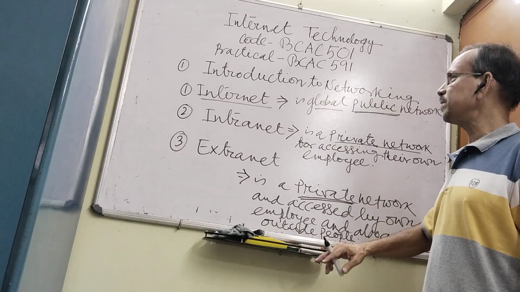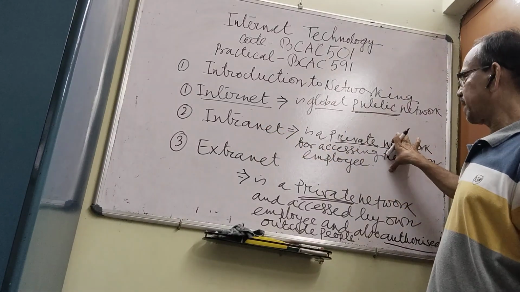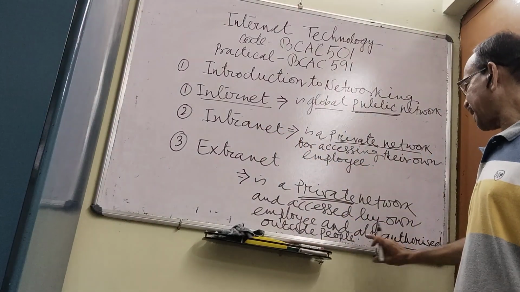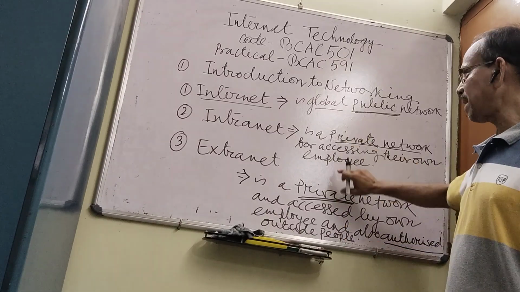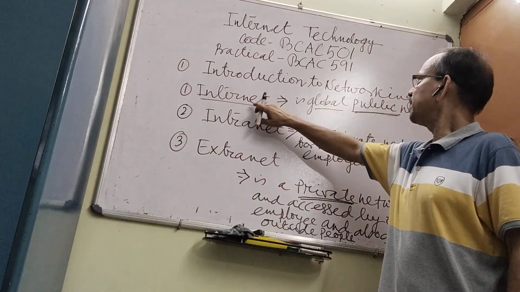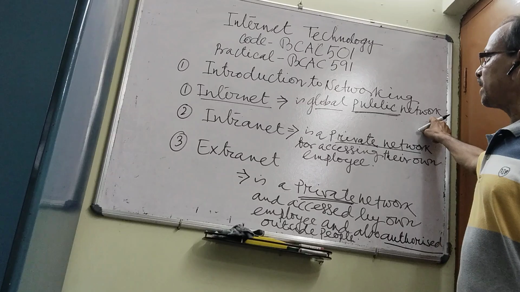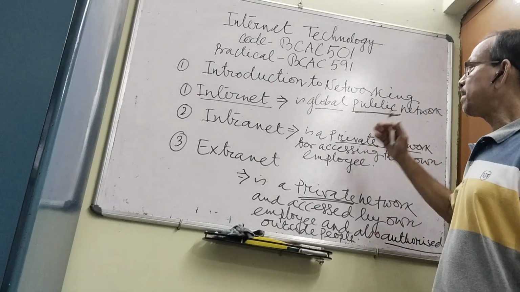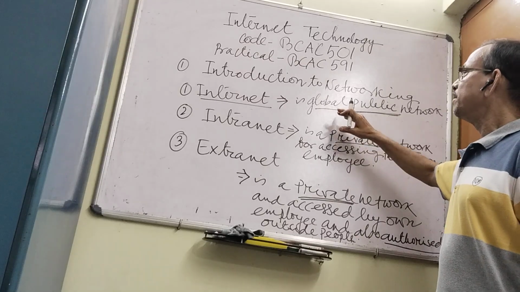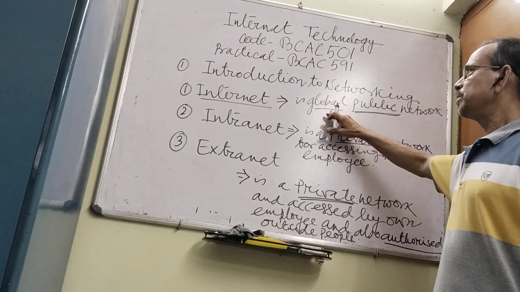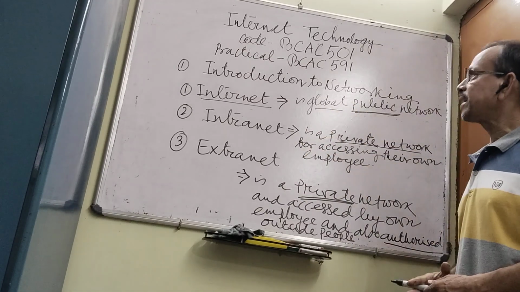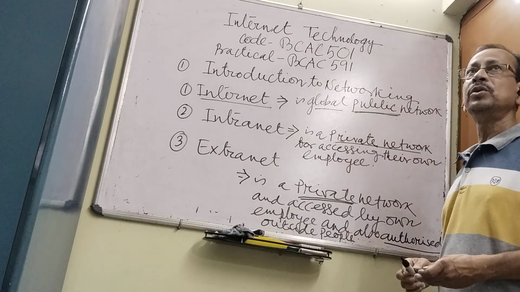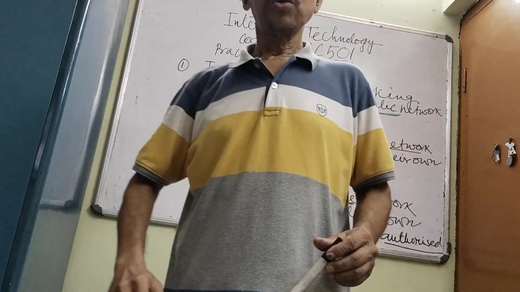These are the basic differences: intranet is within the organization; extranet is within the organization as well as some authorized persons; both are private. And the internet is a global public network accessed by anyone, and the number of users is very large. So this is the basic introduction of the network. Okay, today we complete here.